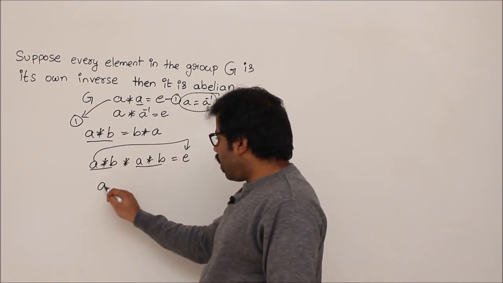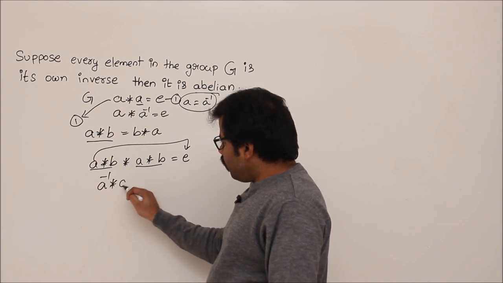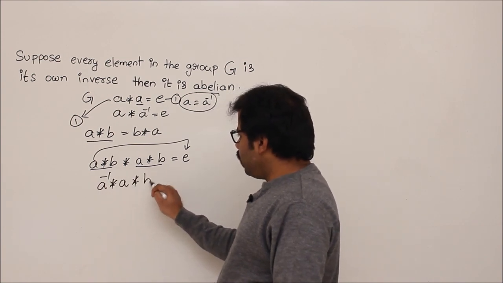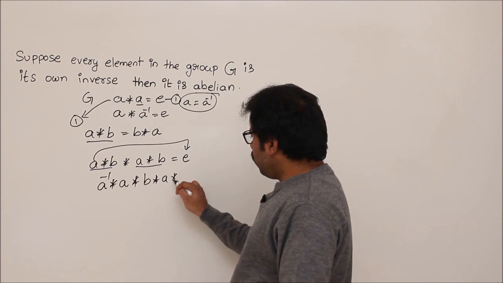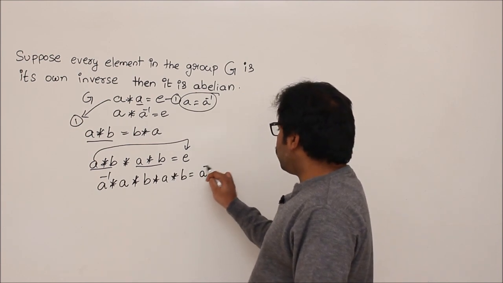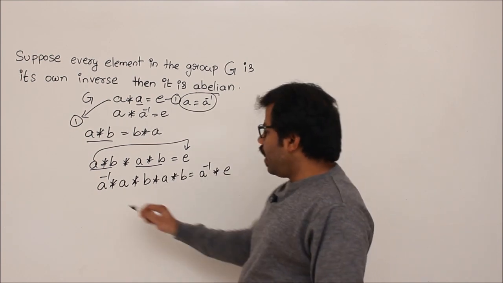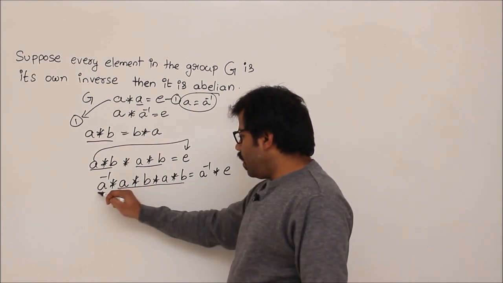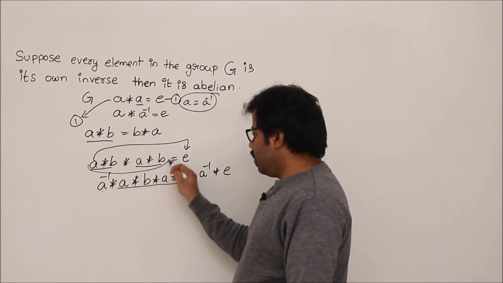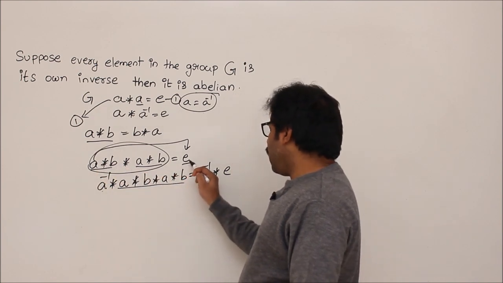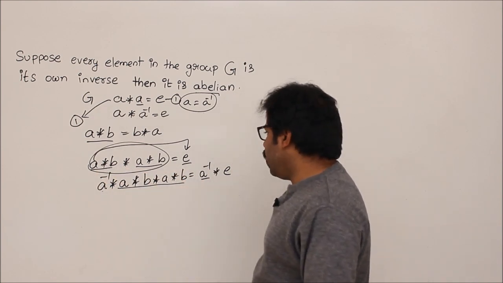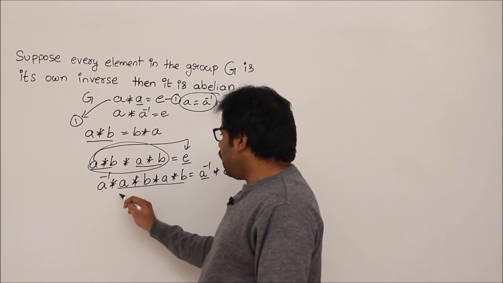We know how to do that. Apply A inverse: A inverse star A star B star A star B equals A inverse star E. I applied A inverse to the left side of this entire thing, so here also we have to apply A inverse on the left side. The value will not change. Now A inverse star A is E.